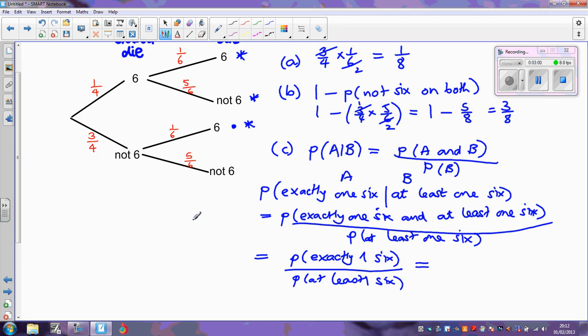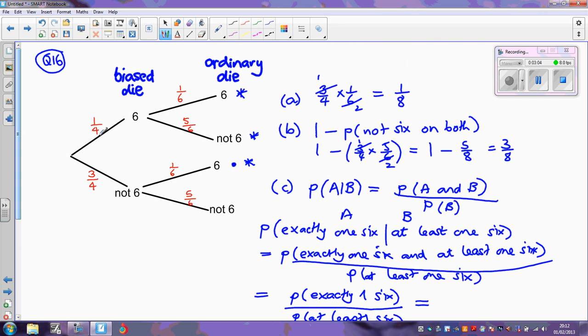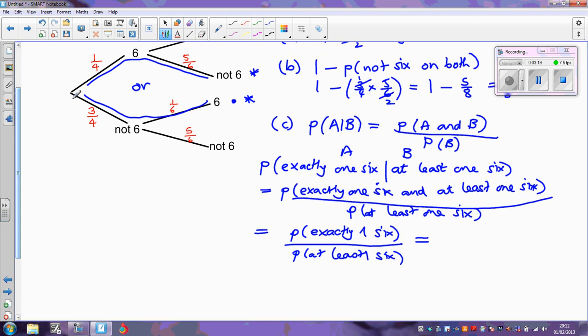The probability of getting exactly one 6, if I just look through my tree branches, well, that means going this route, so getting a 6 and not a 6, or going this route and getting a non-6 followed by a 6. So I'm going to do both of those. So first of all, 1/4 times 5/6. So I'm going to do these two multiplied together.